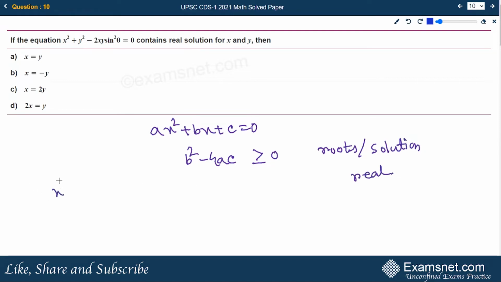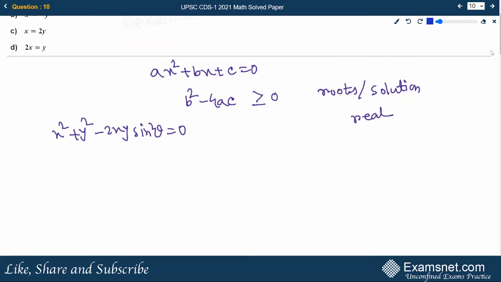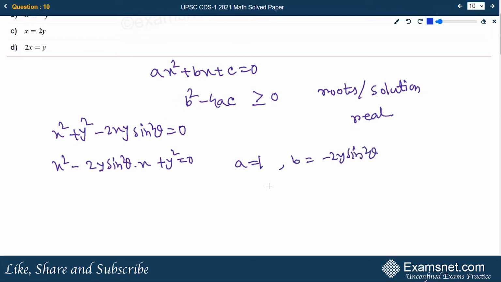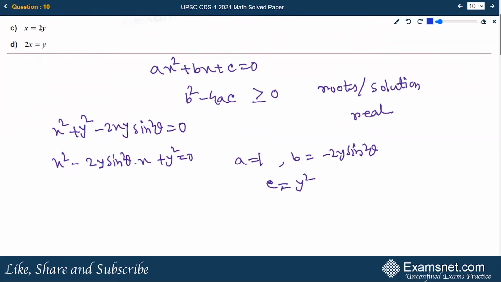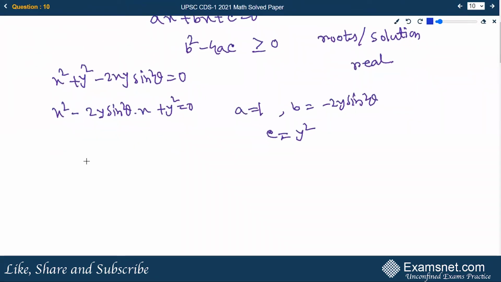Here we are given x square plus y square minus 2xy sine square theta equals 0. If we write it in the general form, we'll get x square minus 2y sine theta x plus y square equals 0. Now it will be easier for us to compare and get the values for a, b, and c. So let's find the result for b square minus 4ac.